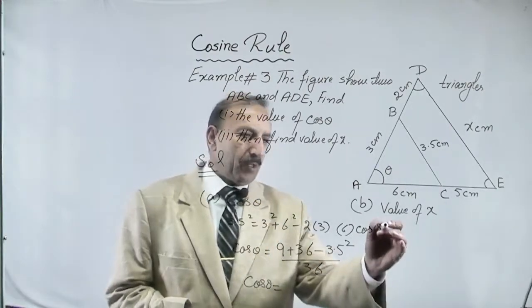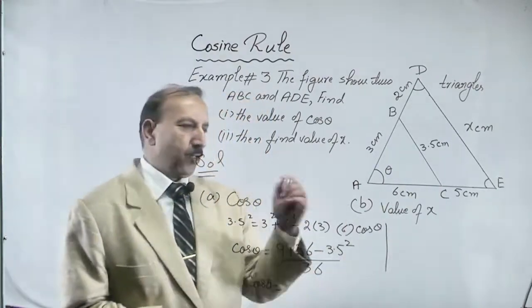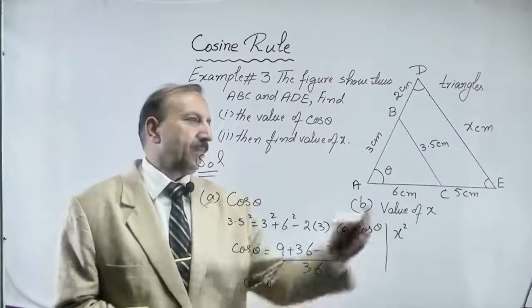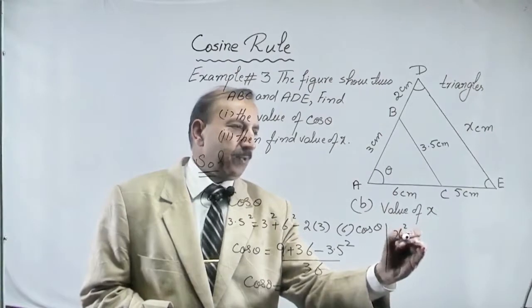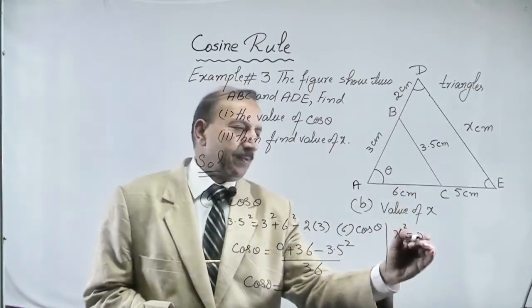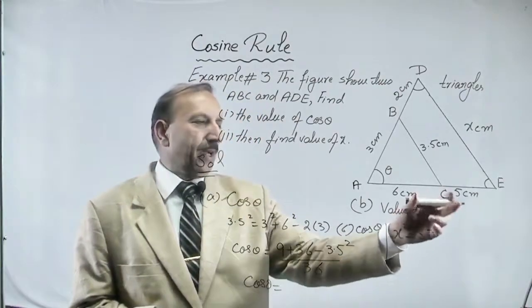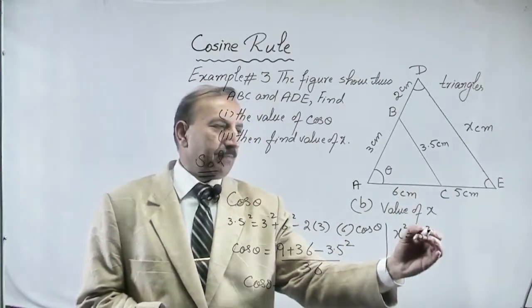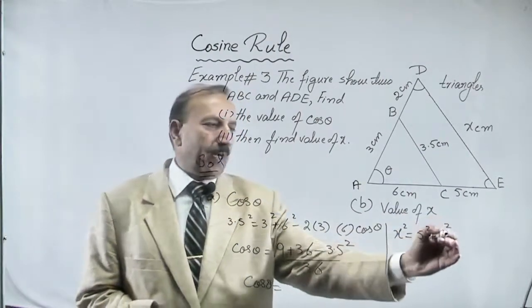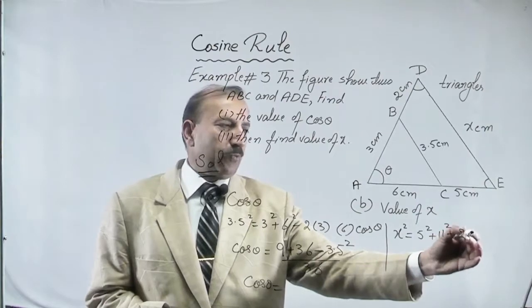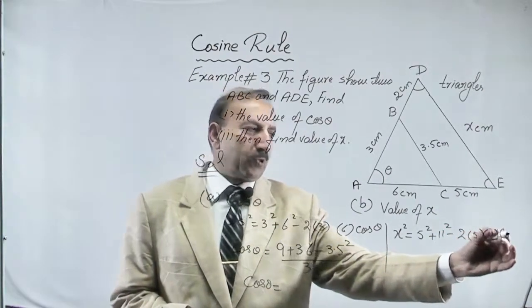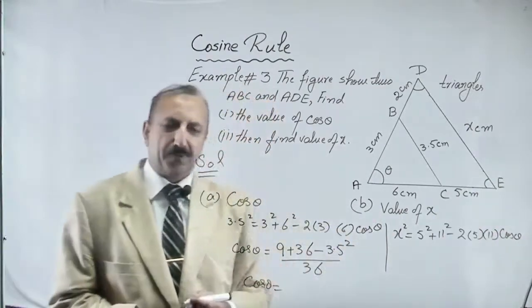And then in the second part, for the value of x, again I'm just writing, you need to complete it. This is x squared, this side squared is equal to, now total length 3 plus 2, this is 5 squared, and this total length 5 plus 6, this is 11 squared, minus 2 into 5 into 11 into cosine of theta, my dear student.